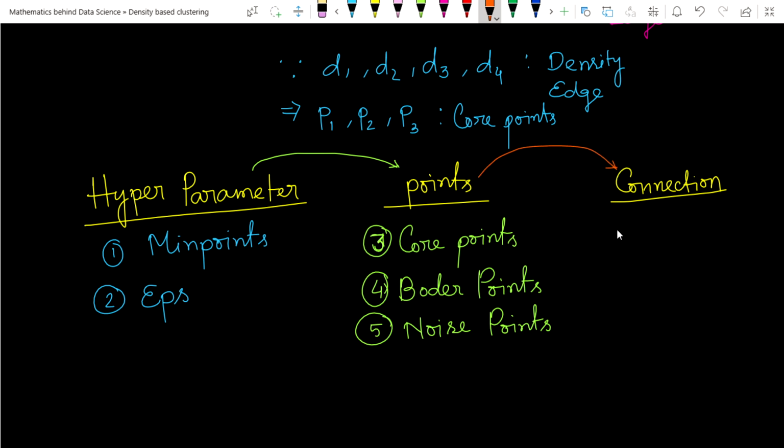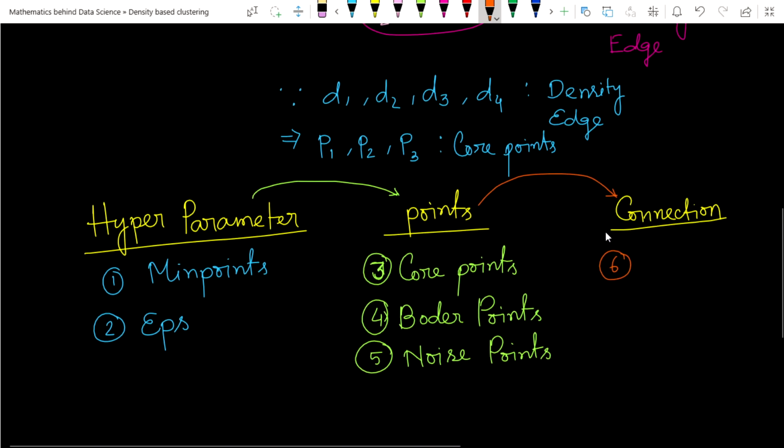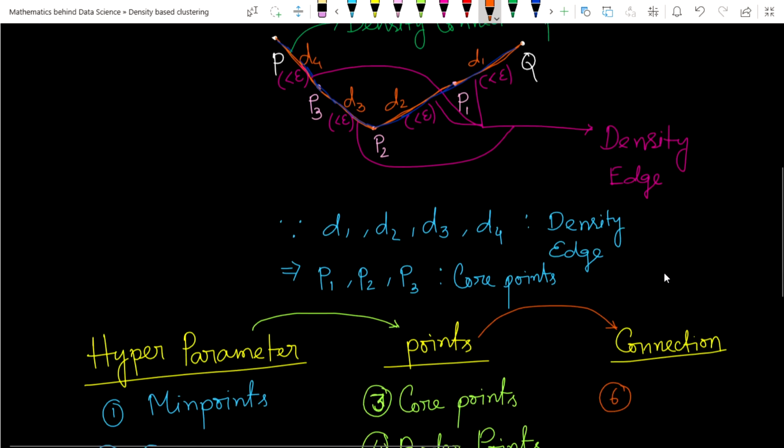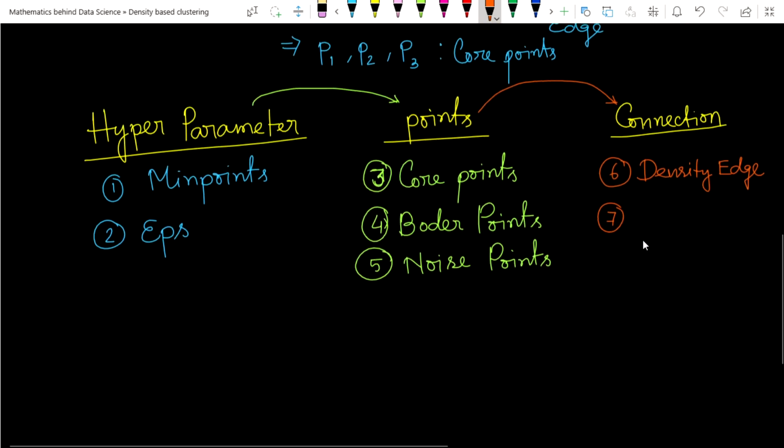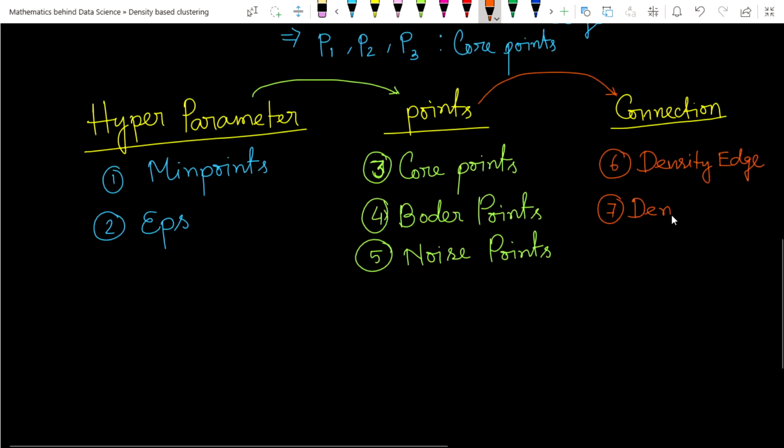First, the 6th parameter that we have built here is the density edge. And the 7th one is density connected points.